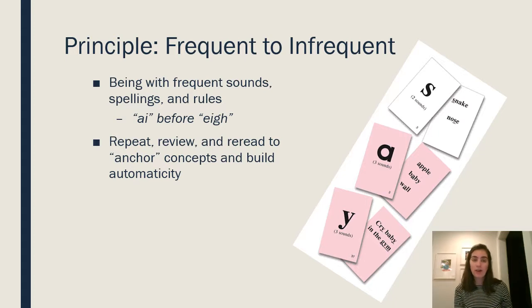Okay, another way to think about this principle is to think about how we're going to repeat things frequently and then gradually move them to the back burner. So new concepts will be anchored and reviewed daily and frequently, and then it becomes less and less frequent, and we cycle them, as other things come forward and require more practice, we move those older review concepts backwards a little bit.